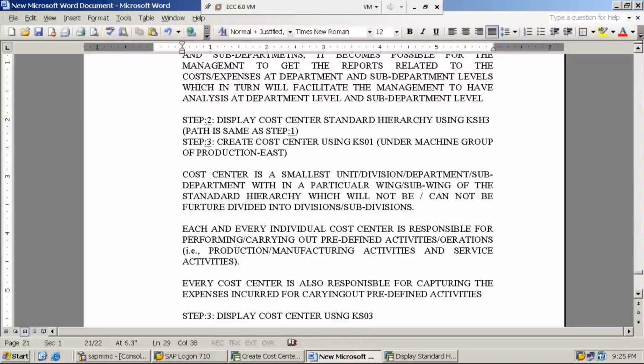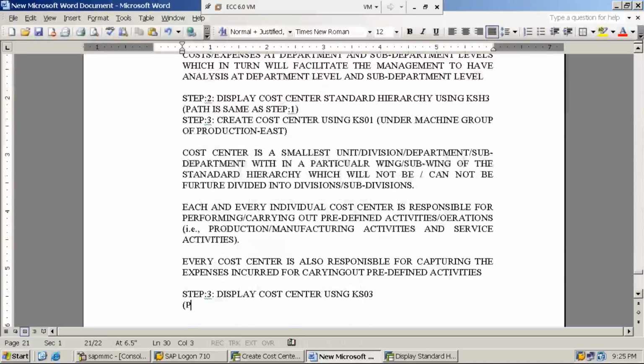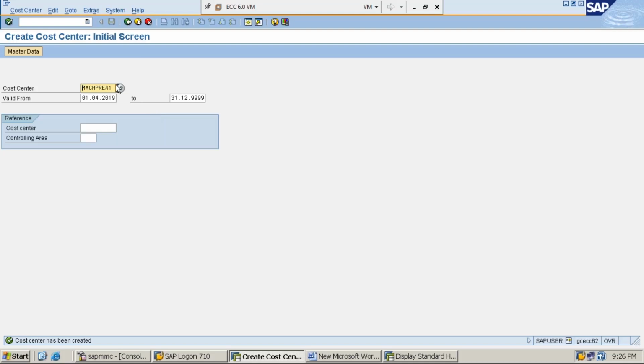Display cost center using KS03. And the path is, step number 4. Step number 4: the path is same as step number 3.